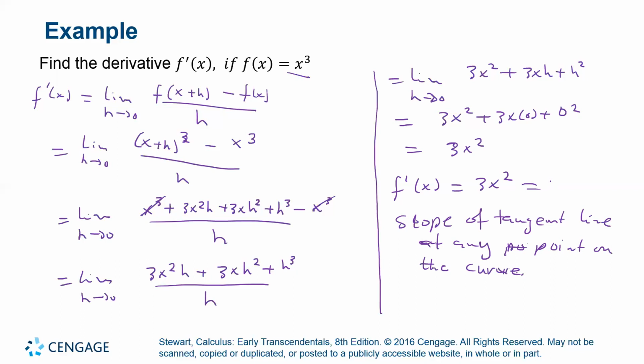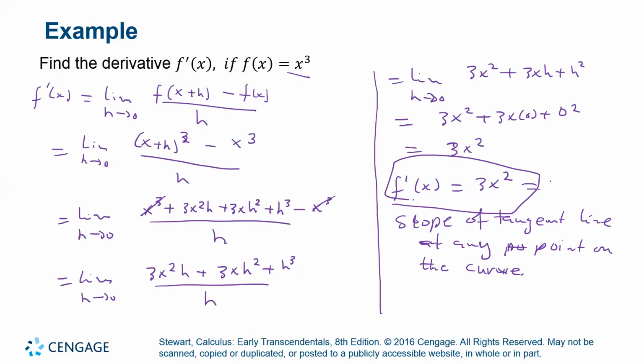So if I know x is 1, then I can find the slope. If x is 0, I can find the slope. If x is 3, I can find the slope. If x is -1, I can find the slope. I just have to plug -1 in for x in this expression right here.